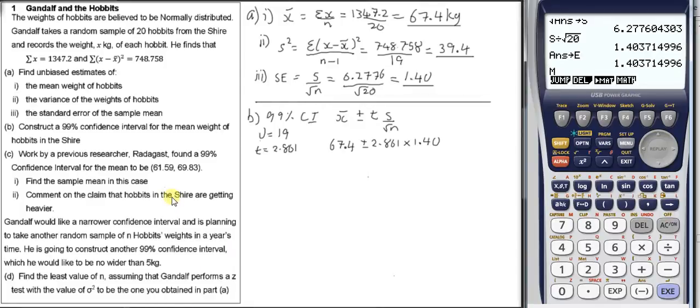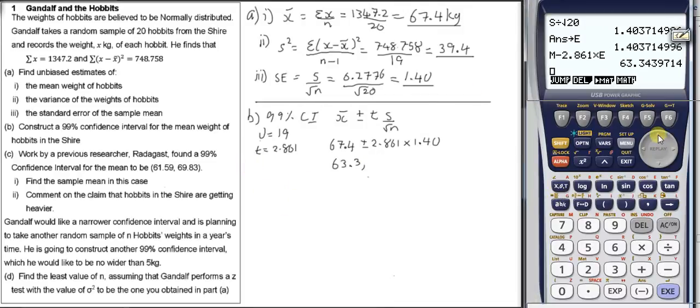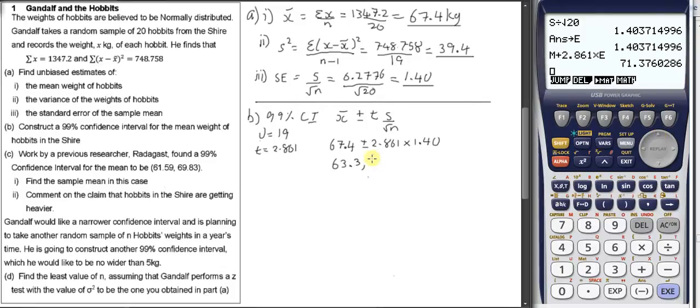So we've got the mean, start with the lower end, so minus t, 2.861, multiplied by s over root n, which is what we're calling e, and that gives us 63.3 for the lower value of the confidence interval, 63.3, and the upper bound is going to be the same calculation, but just change that minus to a plus, and we get 71.4.